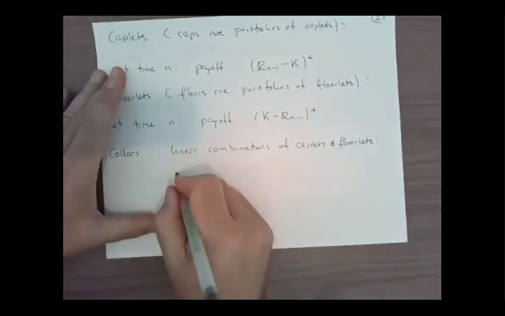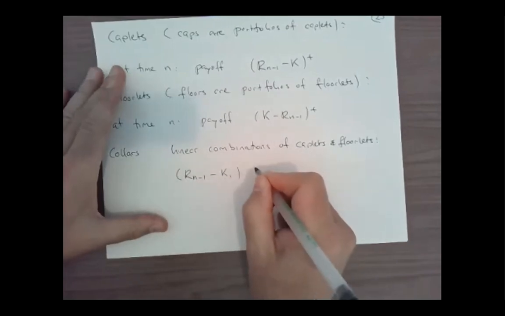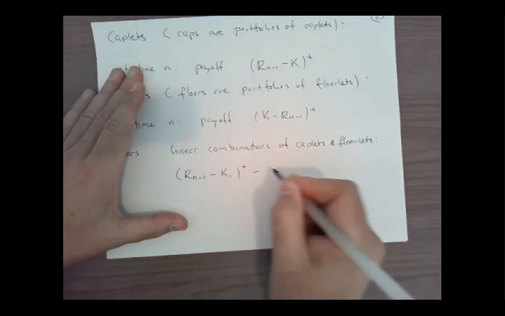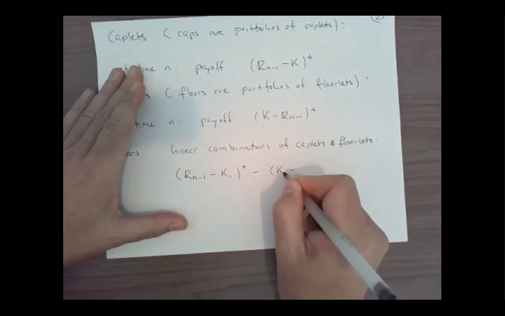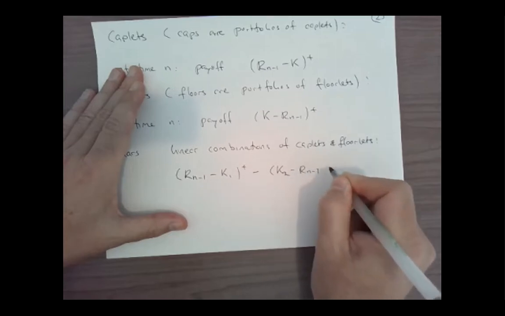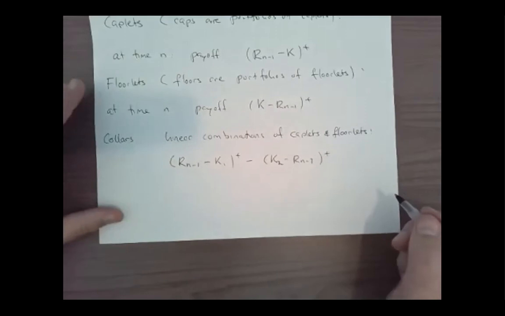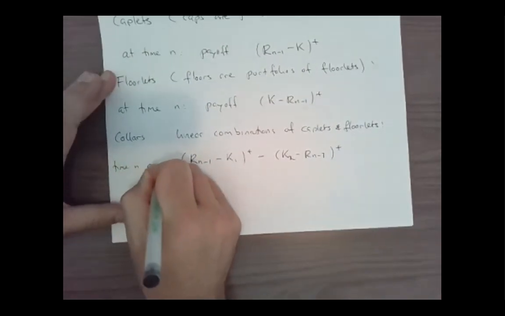So you could, for example, have something like R_{n-1} minus a strike K1, positive part, and maybe K2 minus R_{n-1}, positive part. So this here is the time and the payout.